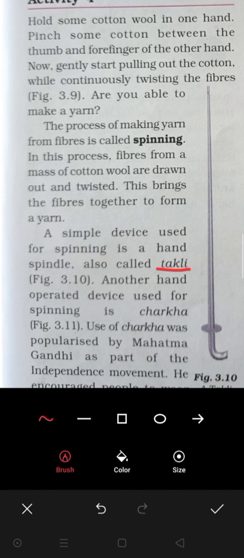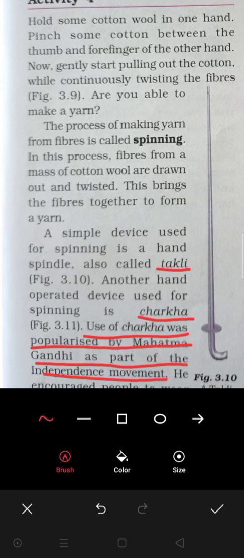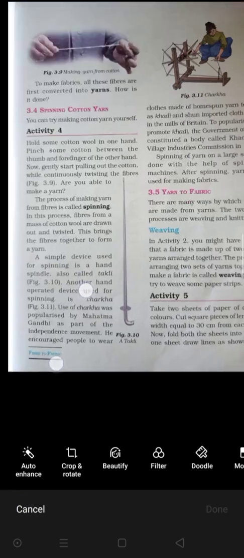The another hand-operated device used for spinning is the charkha, and you must all be aware of the charkha. As you know, the charkha was popularized by Mahatma Gandhi as a part of the independence movement. Why had he invented the charkha?